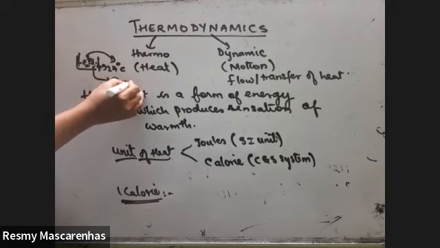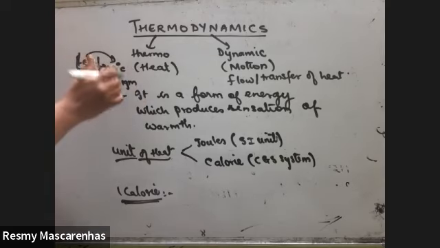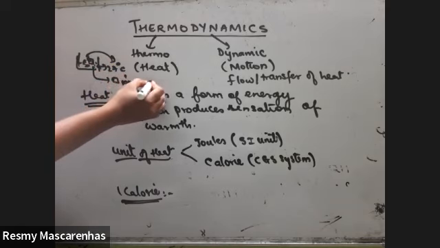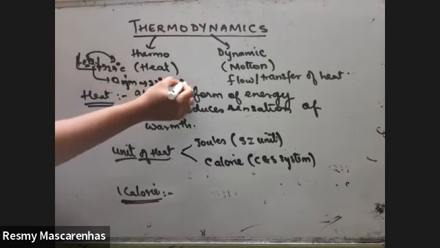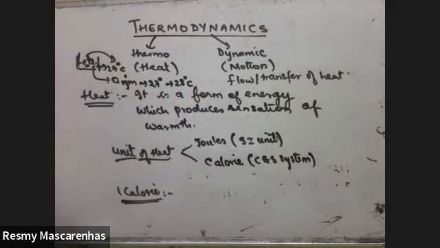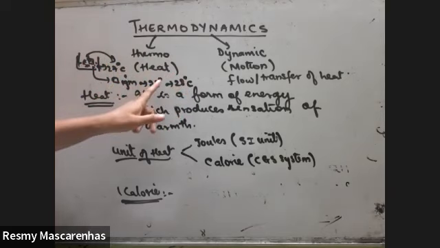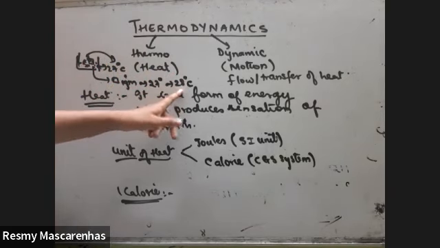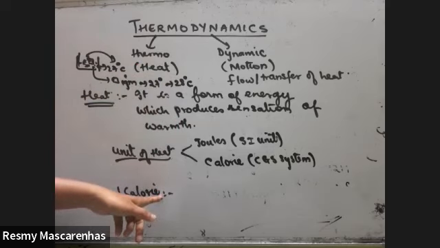I take 1 gram of this, and I want to raise its temperature from 27 to maybe 28 degrees Celsius. Okay, if I want to increase any substance temperature, definitely I have to provide some heat. So how much ever heat I need to change this 1 gram substance temperature from 27 to 28, it means by 1 degree I'm making it rise. That amount of heat is given as 1 calorie.